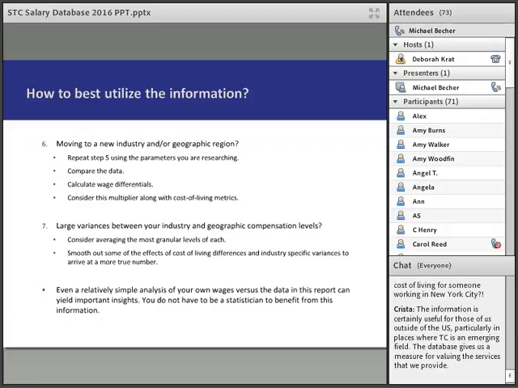Well, I can take that wage differential and compare it to the cost of living metrics that are available through tons of different sites and try to identify, is that 25% increase in pay worth the cost of living differential between San Francisco and Columbus, Ohio?